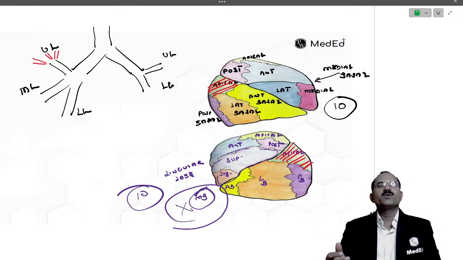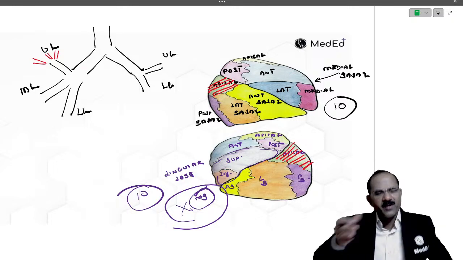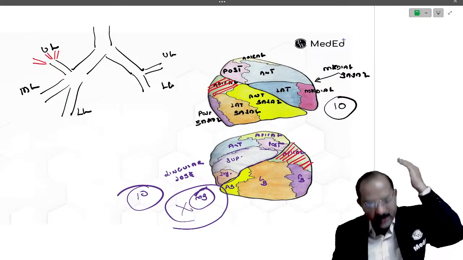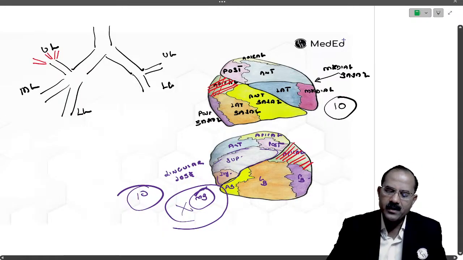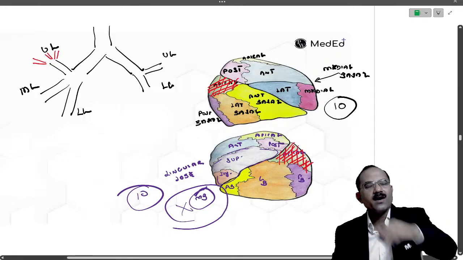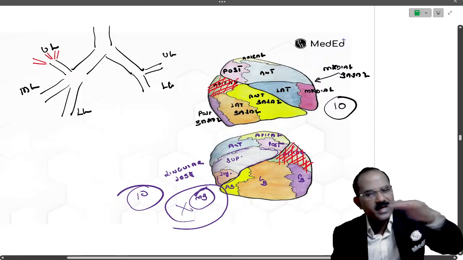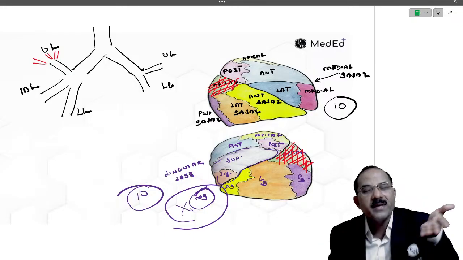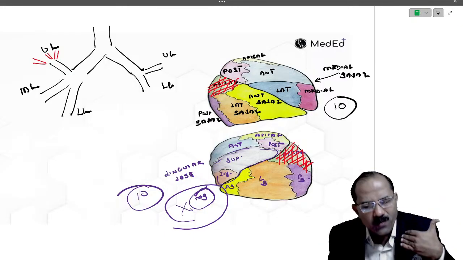Similarly, the most dependent part of the lung when we lie supine is the apical segment of the lower lobe. That is how when a child is being fed in supine position, the child vomits and aspirates the vomitus.